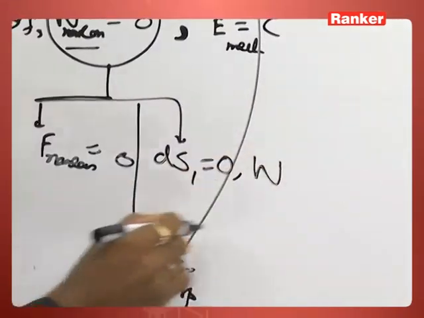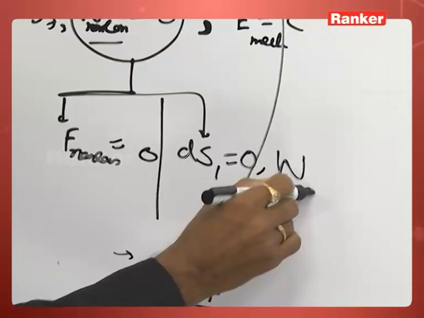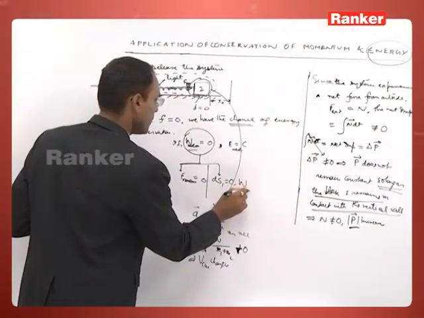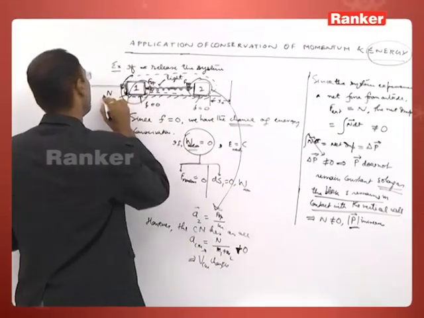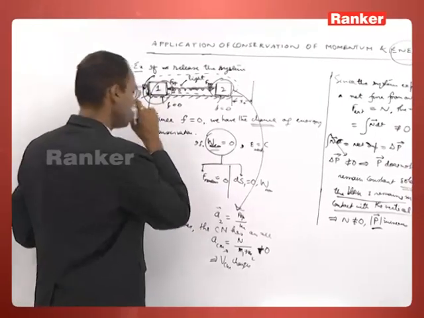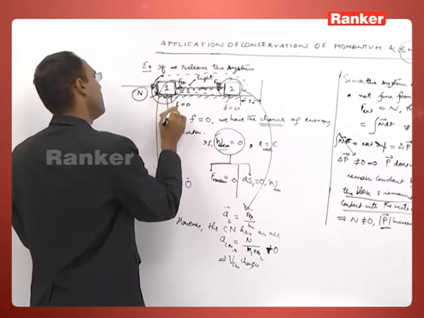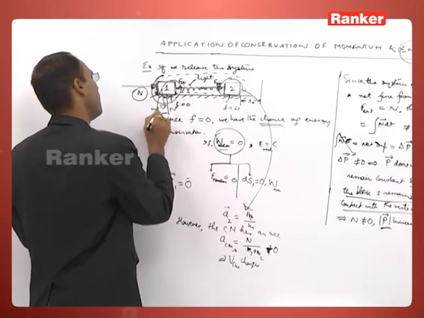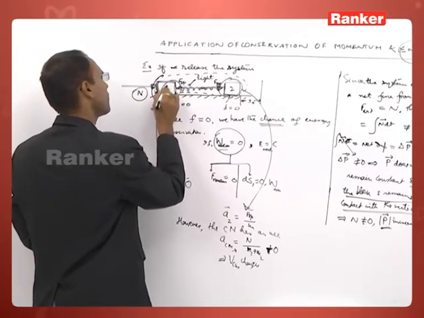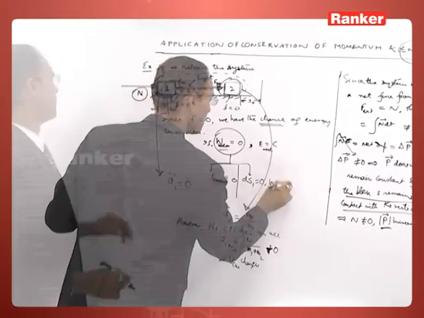Since the displacement of block 1 is 0, the work done by all the non-conservative forces, the normal reaction, the spring force, the normal reaction offered by the ground, and the gravitational force, on block 1 will be equal to 0.